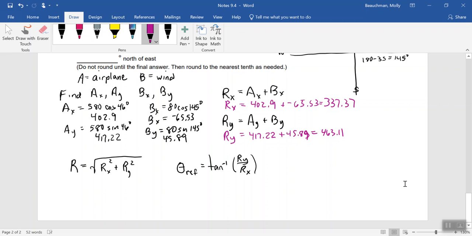So the magnitude is going to be the square root of our x coordinate squared, which is 337.37, plus our y coordinate squared, 463.11.